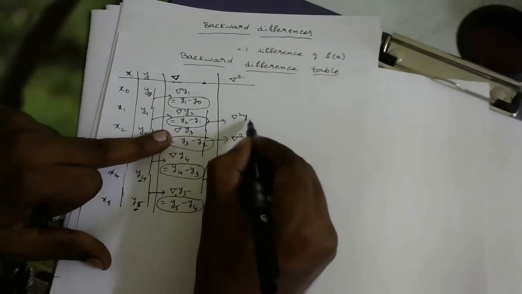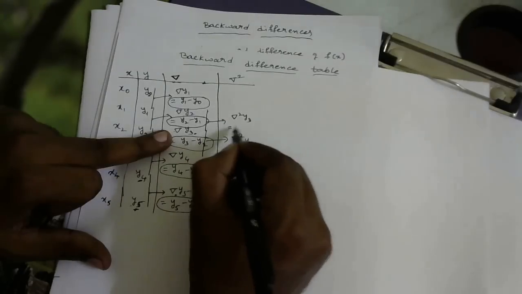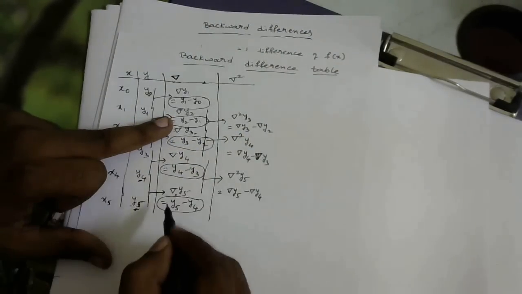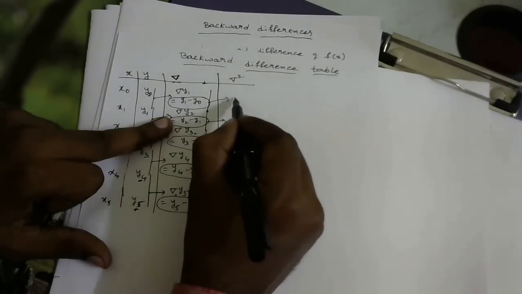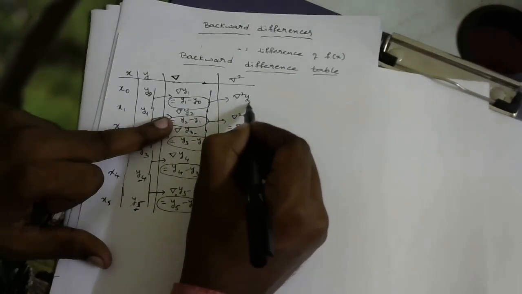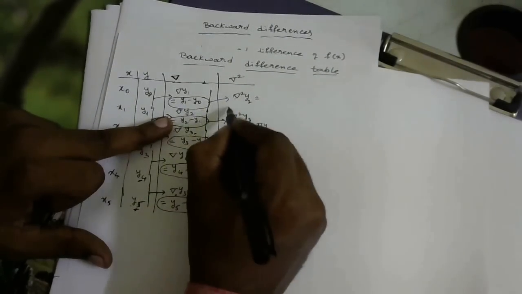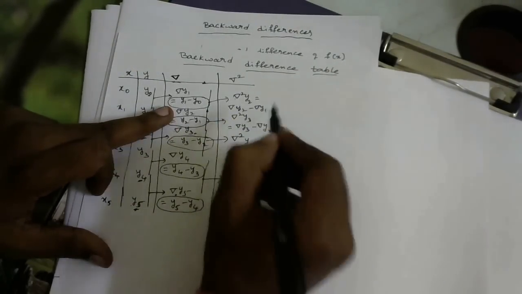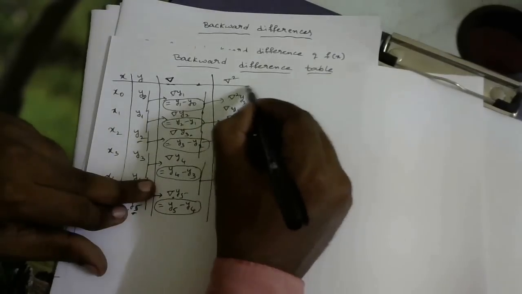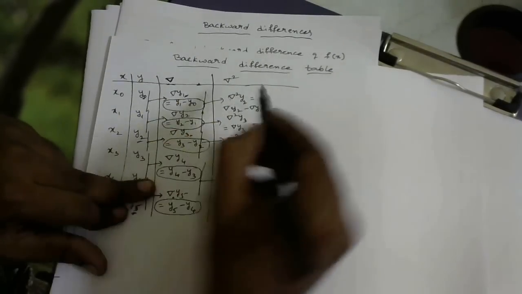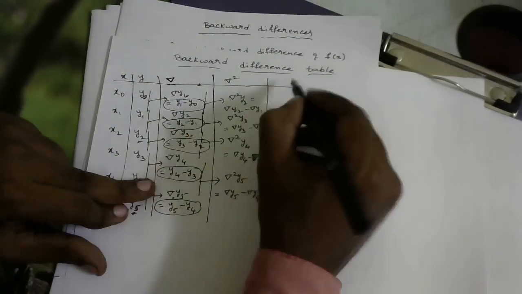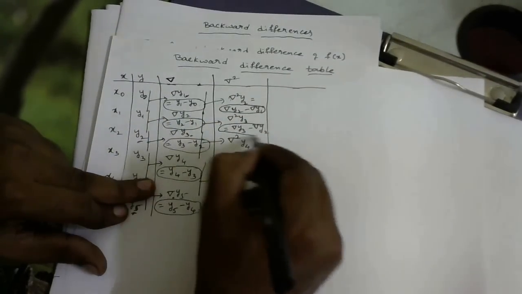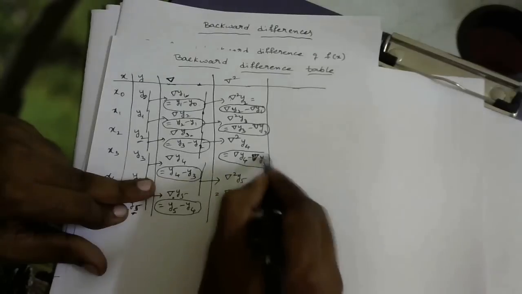Del square y3 equals del y3 minus del y2. And the last difference, del square y2 equals del y2 minus del y1. Now y1 is eliminated here, so I'm neglecting these elements.